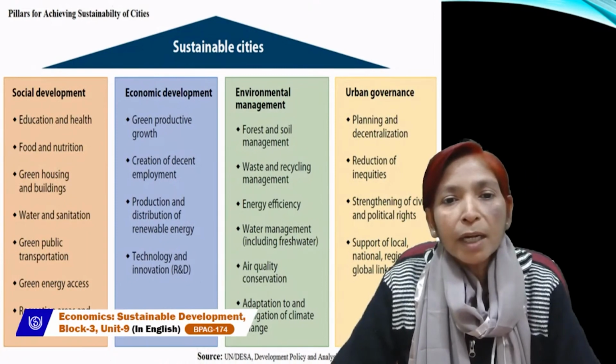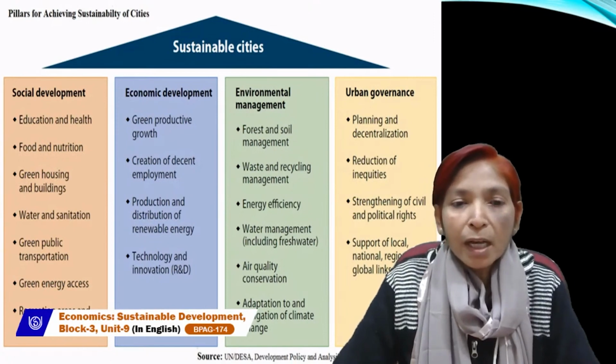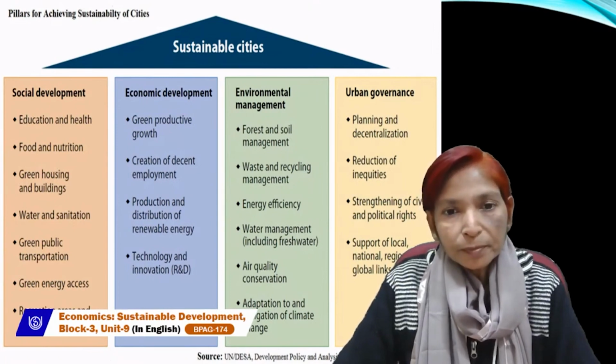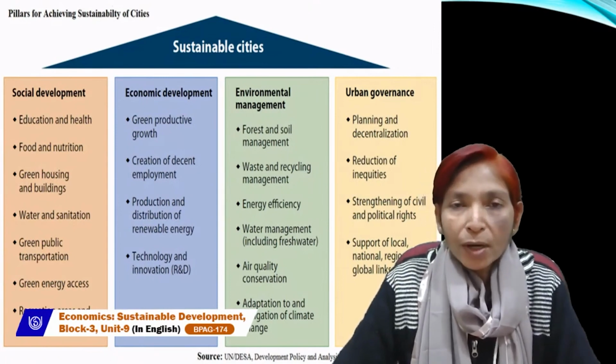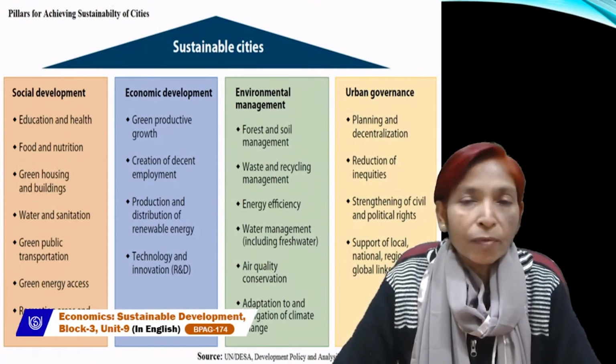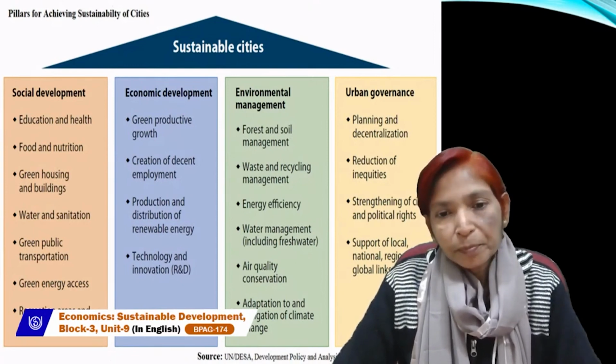Next is environmental management. Environmental management can be done with the help of things like forest and soil management. If forest and soil are managed in a good way, then environmental protection will be done.